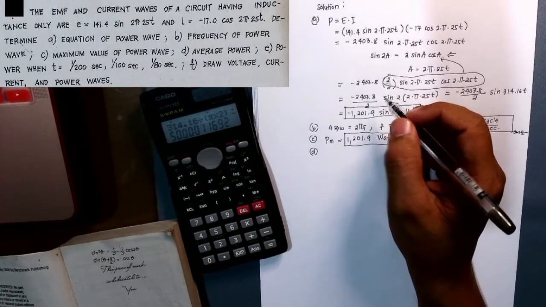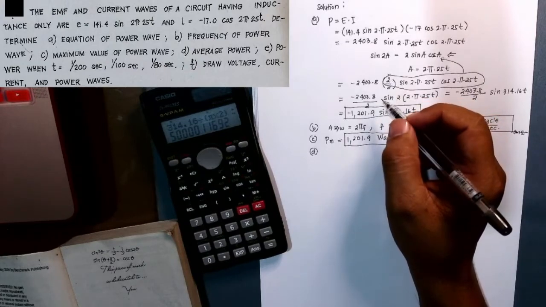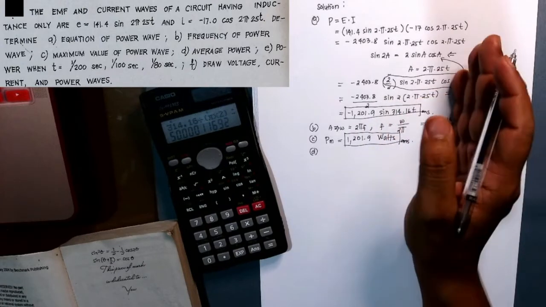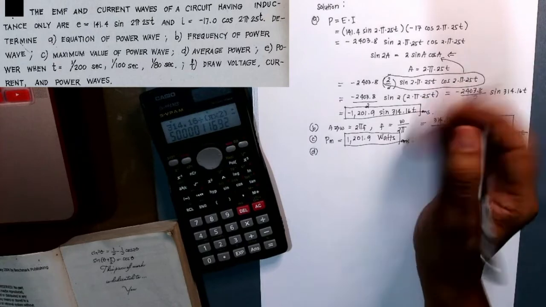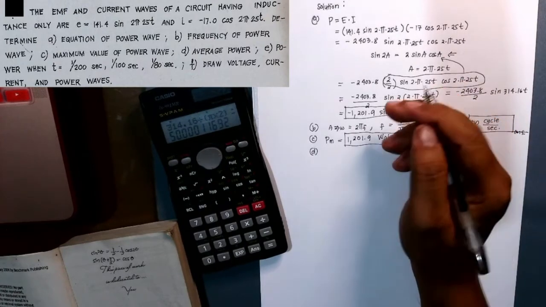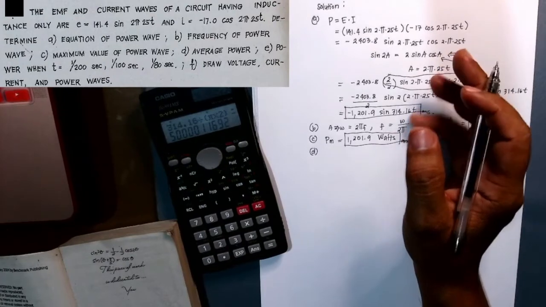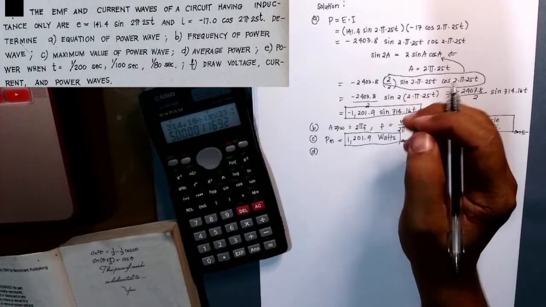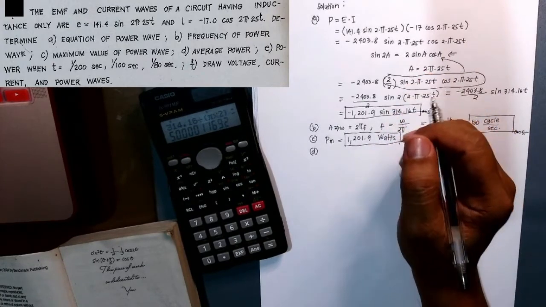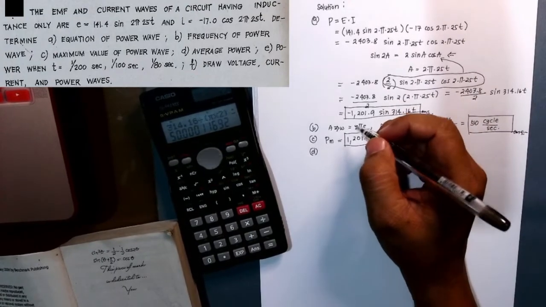But since this is a pure inductor, the phase difference between the voltage and the current is 90 degrees. So therefore, we get a power on the positive half cycle equal to the other half cycle, the negative.